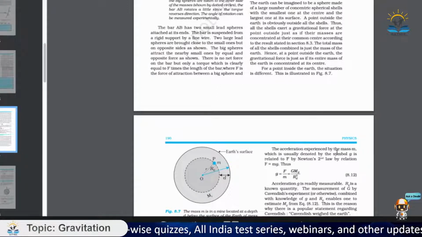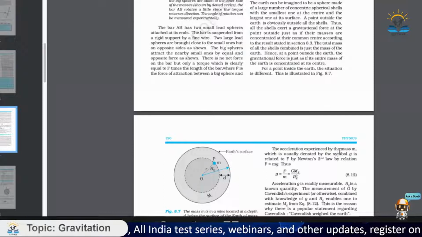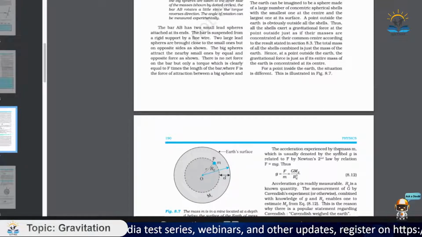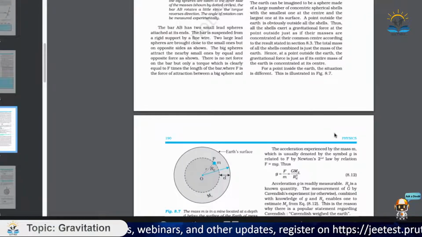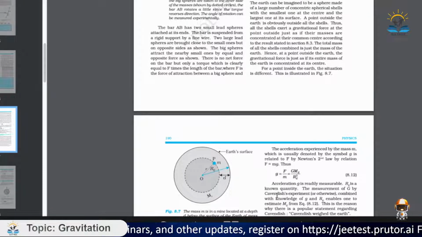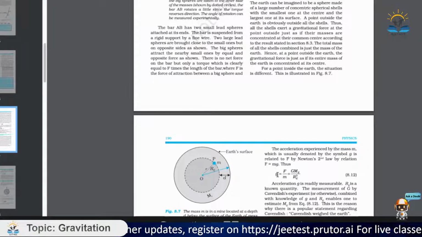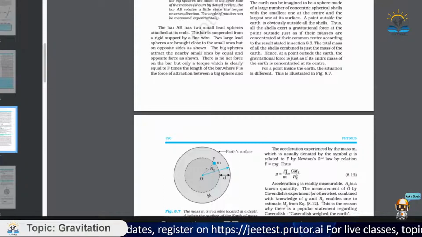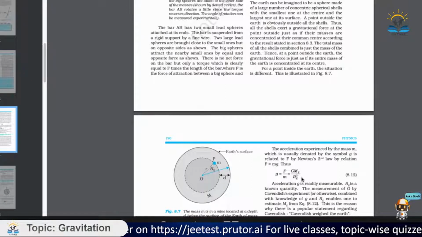Now, as we know, force is equal to mass into acceleration. So if we want to derive acceleration due to gravity, we can derive it as acceleration is equal to force upon mass. So this is the acceleration due to gravity, which is force upon mass. So we get the equation G Me upon Re square.